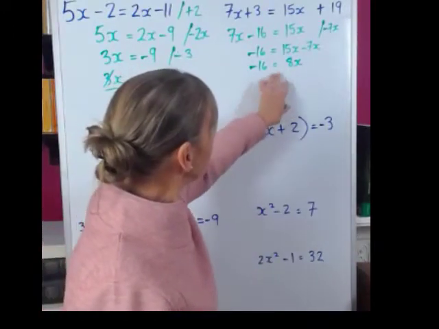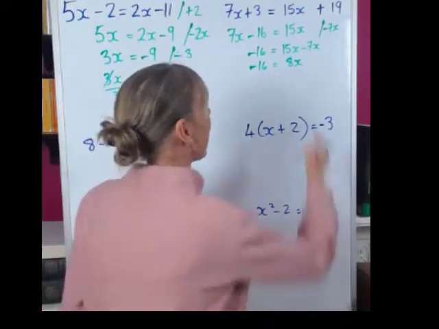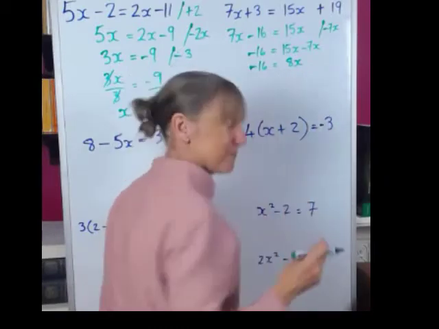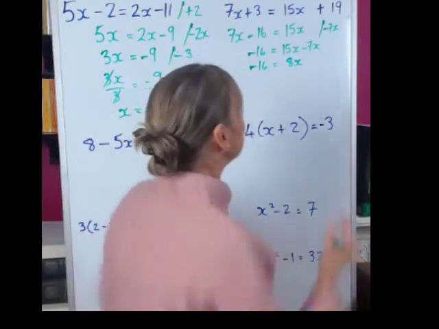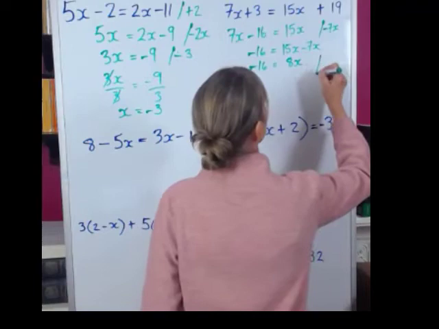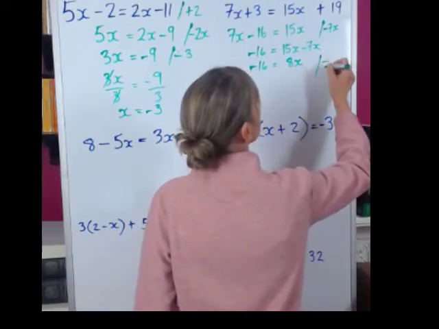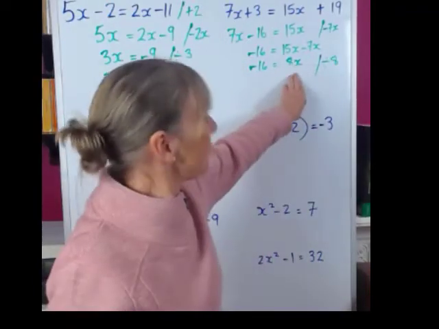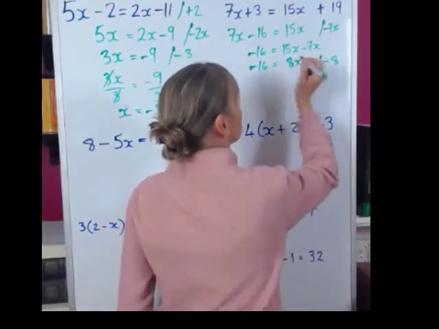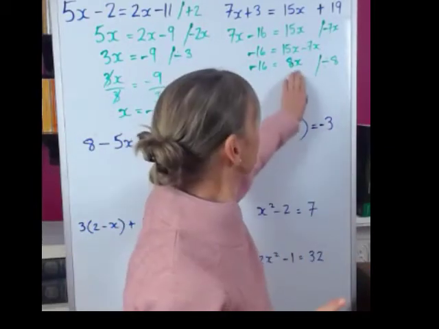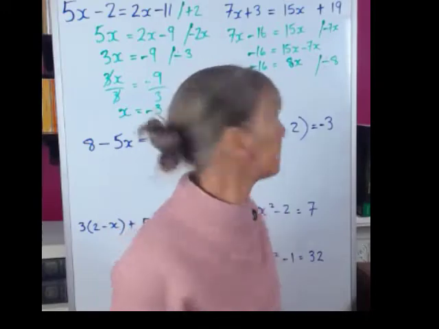So 8 times x equals minus 16. How are we going to strip out just the x, get that on its own? We're going to divide by 8. Remember, if we've got 8 lots of x and we want 1 lot of x, we have to divide both sides by 8.